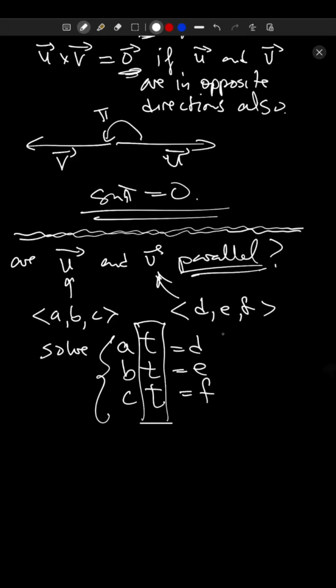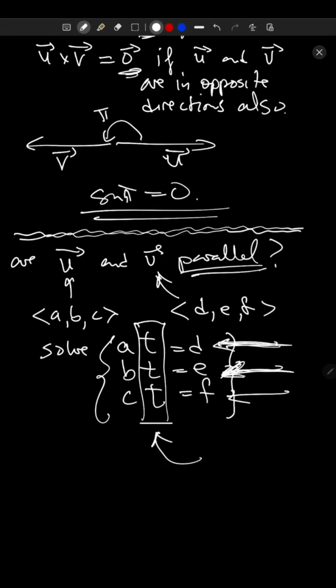By the way, this is kind of interesting because in this question of whether two vectors are parallel, you can see you have to solve a system of equations that has three equations but only one unknown, right? You have the unknown t, but you have three equations.